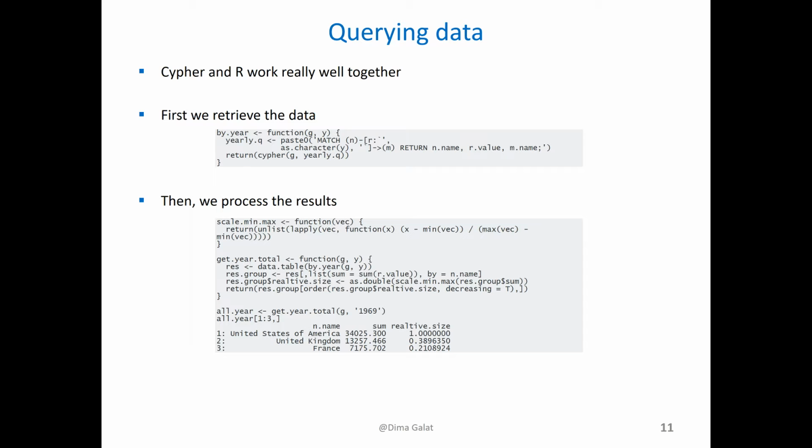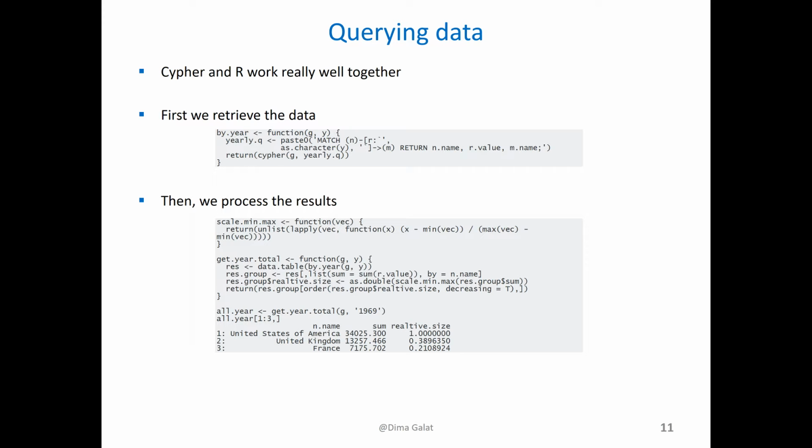If you're interested in getting more concrete numbers, using rclient and Cypher to work together is a great way of retrieving information in a matter of milliseconds. Here I'm showing how to retrieve data for a particular year, and then I'm using regular R to just sum it by country name, and do min-max scaling for a particular group to represent relative size.